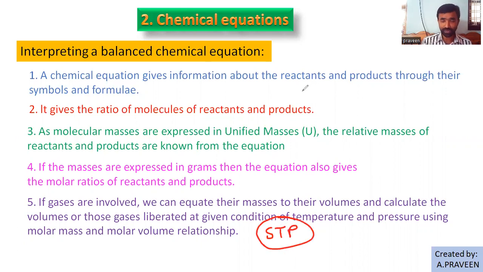So if the molar masses are known to you, it is easy to calculate the mass of the substance, molar mass, next molar volume and number of moles, right? So that we will learn.